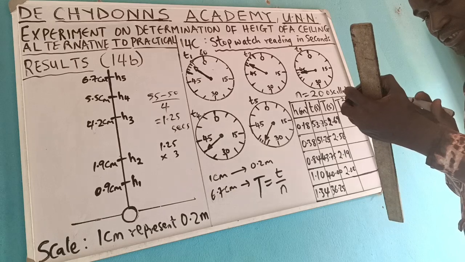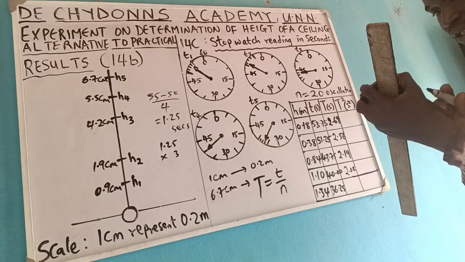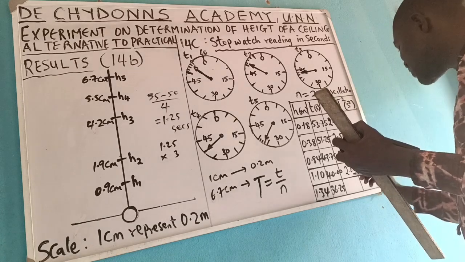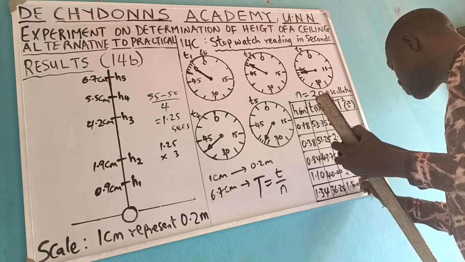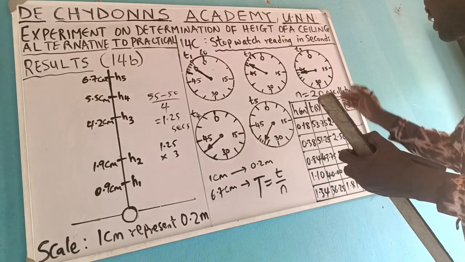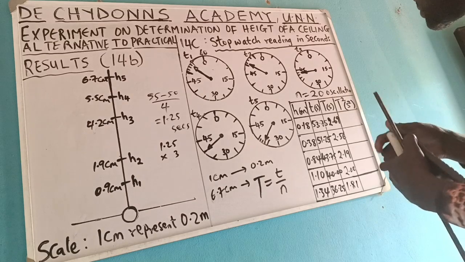And 36.25 divided by 20 will give you 1.81. We are just putting it in 2 decimal places.